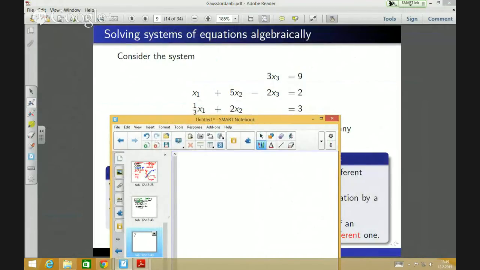So the first equation says 3x3 is equal to 9. The second equation says x1 plus 5x2 minus 2x3 is equal to 2. And the other one says 1/3 of x1 plus 2x2 should be equal to 3.